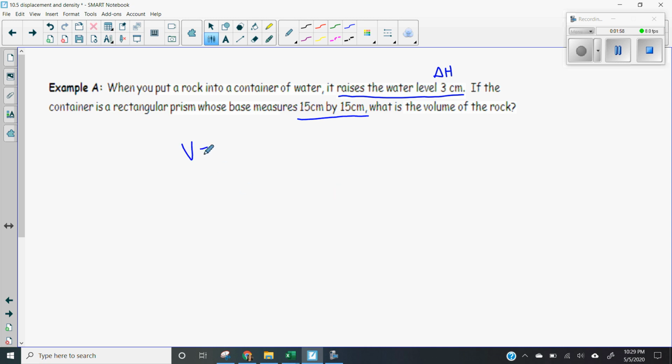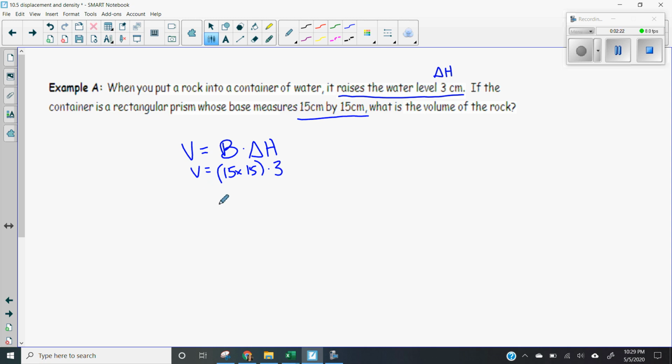So our formula, volume equals area of the base times the change in height. This capital B, like it has for so many different lessons now, gets its own little formula. That's base area. We have just a 15 by 15 square on the bottom, and then times the change in height of 3 centimeters.